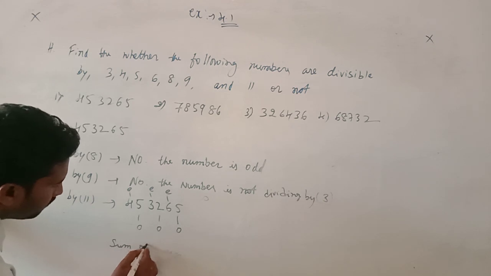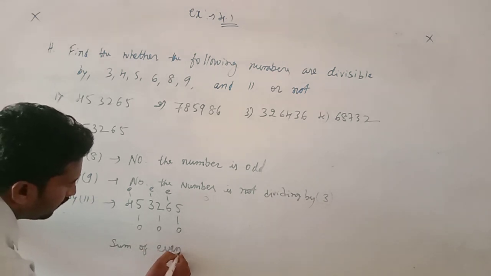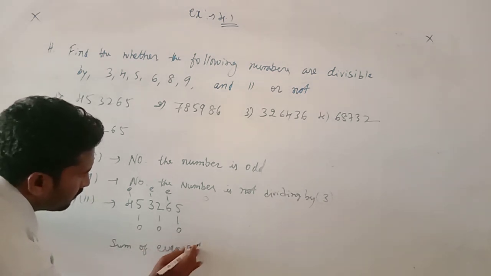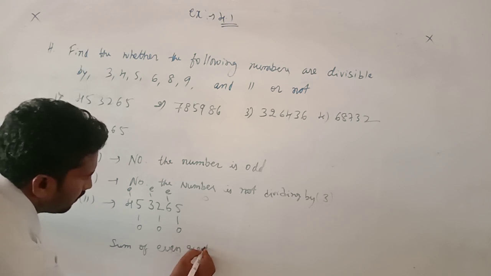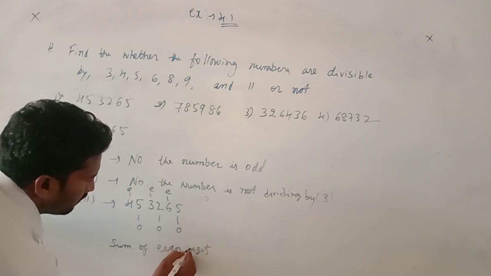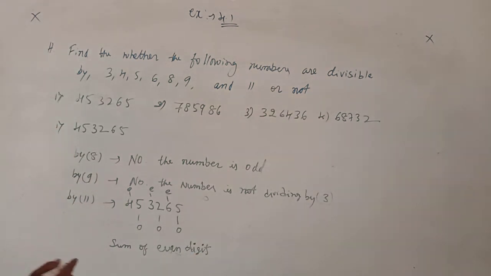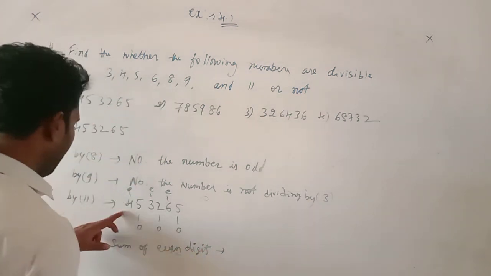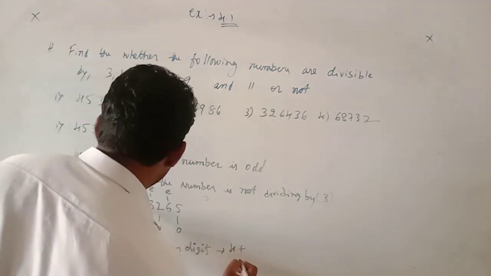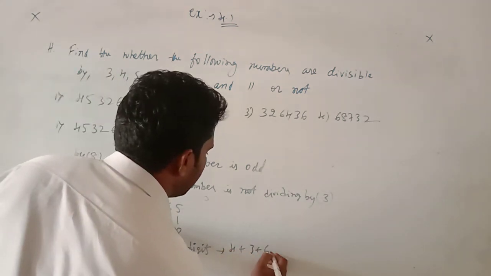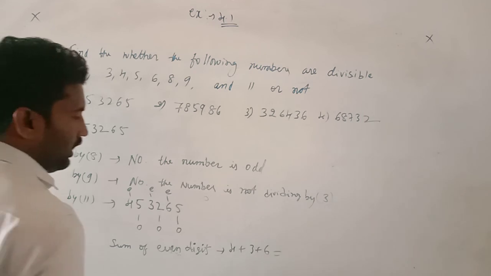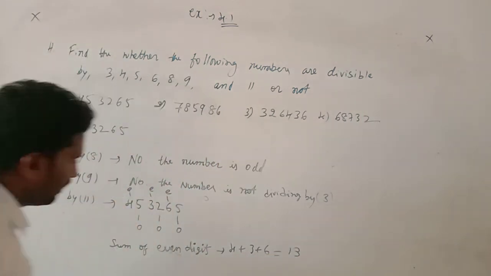Sum of even digits: 4 plus 3 plus 6, it is 13.